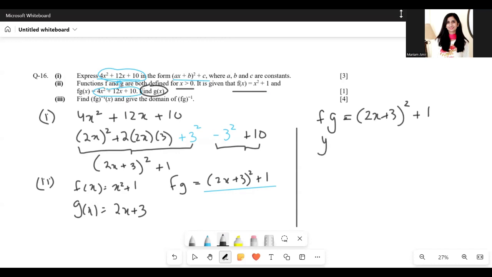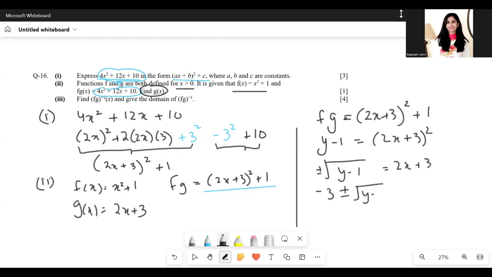Okay, so y minus 1 equals (2x plus 3) squared, square root, plus minus, equals 2x plus 3. 3 goes to the other side, minus 3, plus minus square root of y minus 1, divided by 2, equals x. So fg inverse equals minus 3.